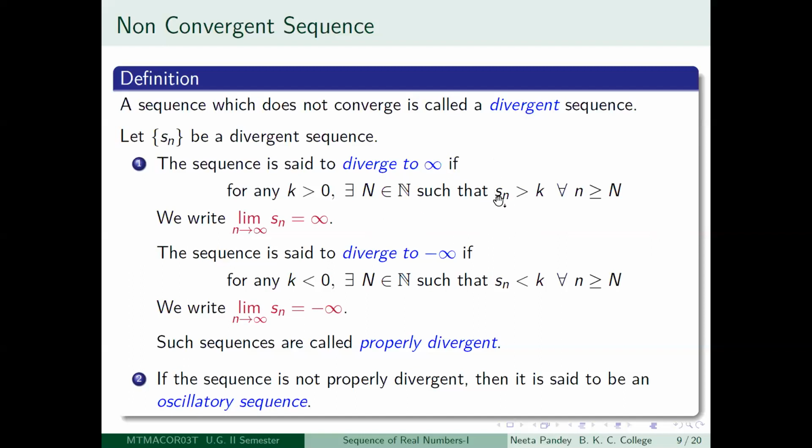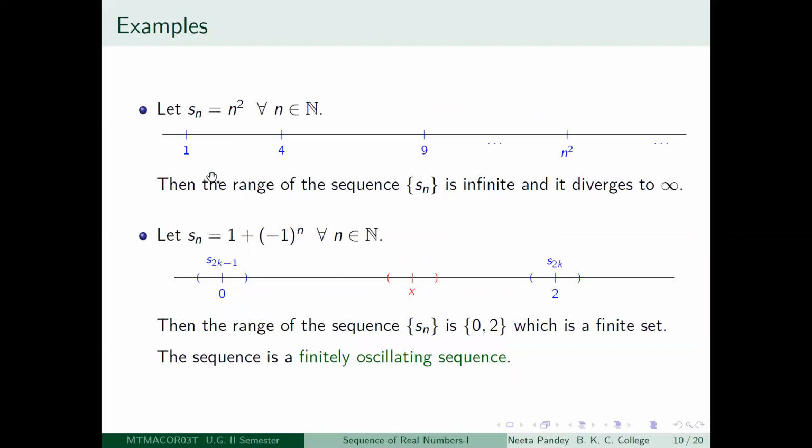Then the sequence minus Sn will automatically diverge to minus infinity. Why am I saying this? Because this is actually useful. If you want an example of a sequence which diverges to minus infinity, just look at an example where the sequence is diverging to infinity and then multiply each term of the sequence by minus 1. You will get a sequence which diverges to minus infinity.